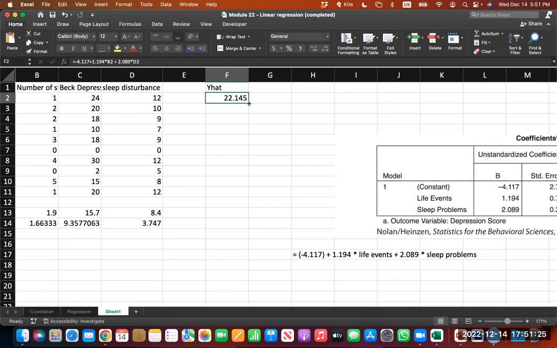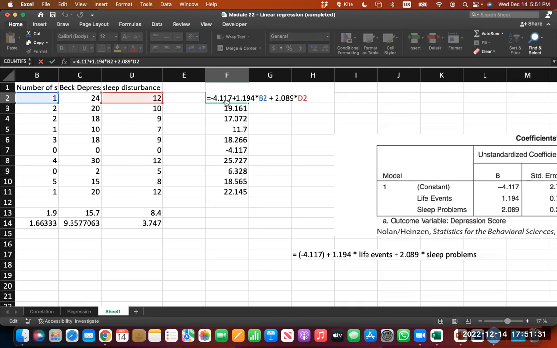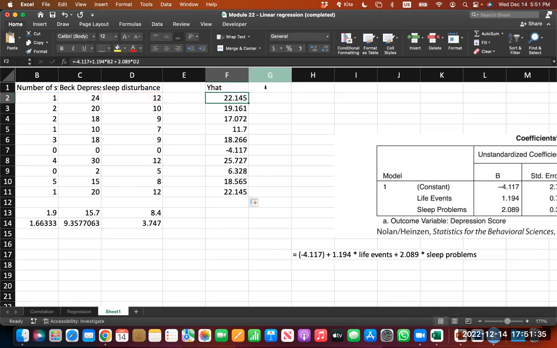If you want to know now the deviation that we calculated before, so we do now the residuals, it is now this estimate minus our actual observed depression score.